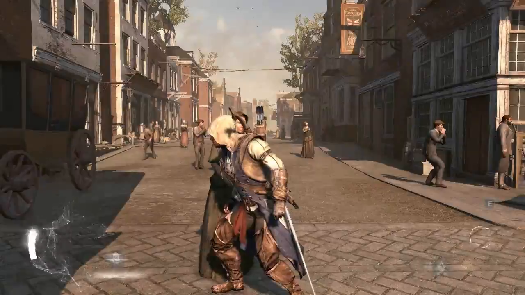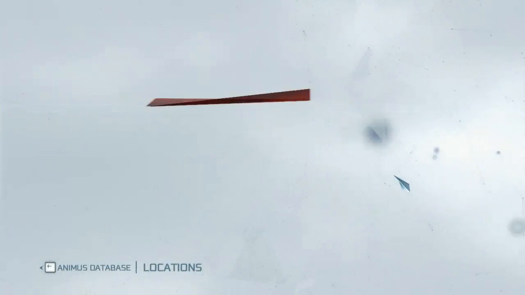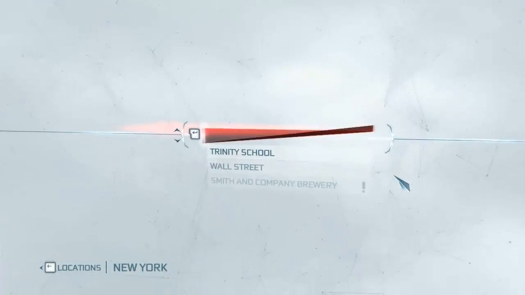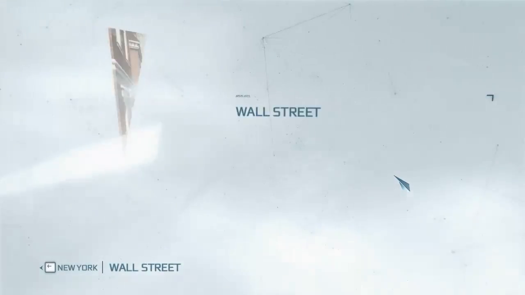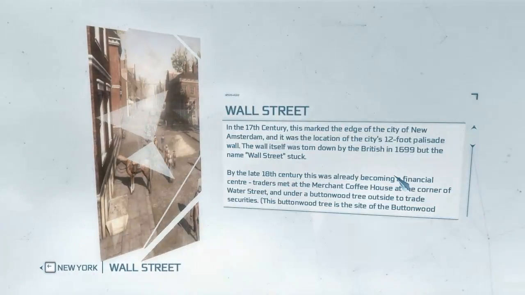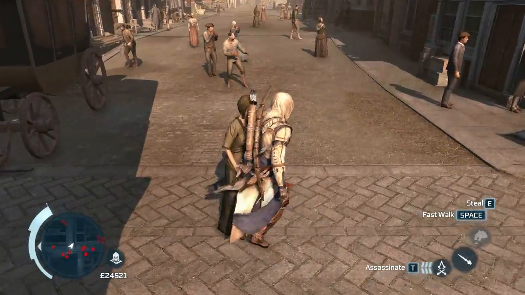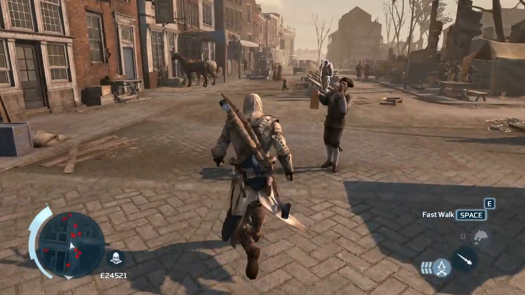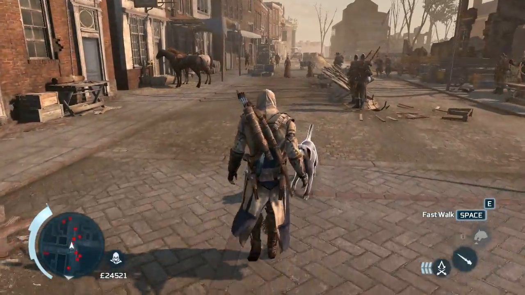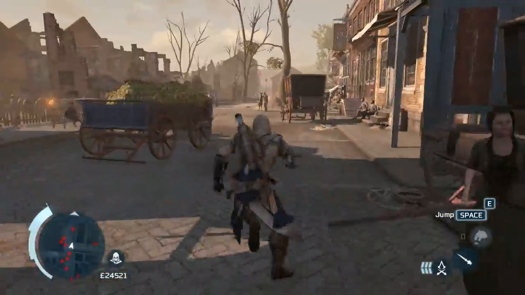What does it look like in the game? And there's a coffee house as well. Locations, New York, Wall Street. It looks like that in the game. Which I don't see.